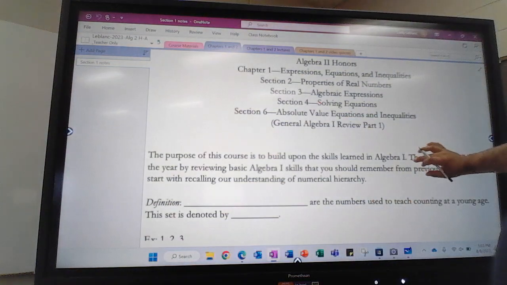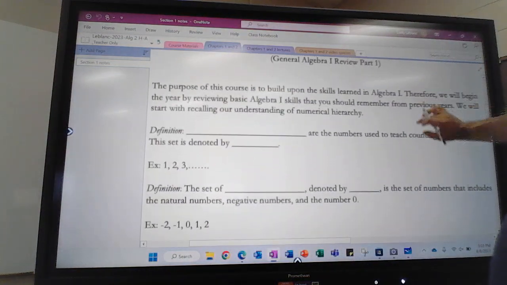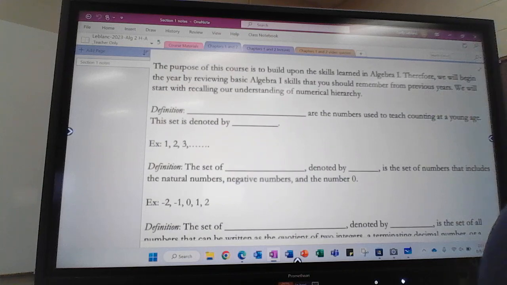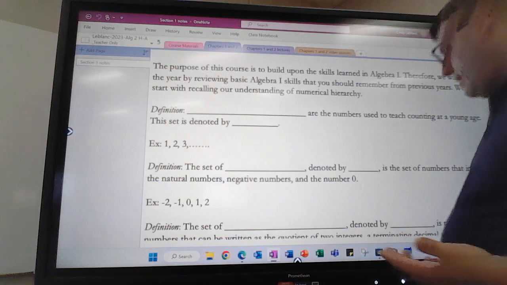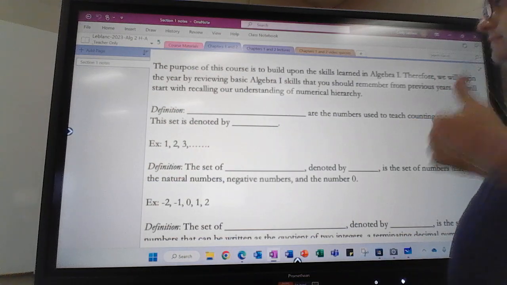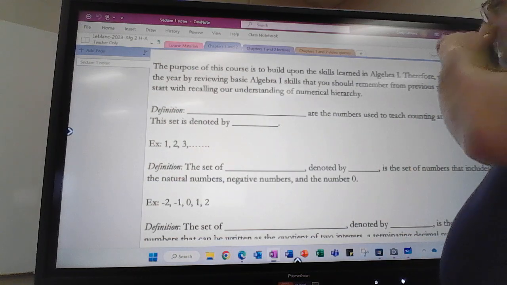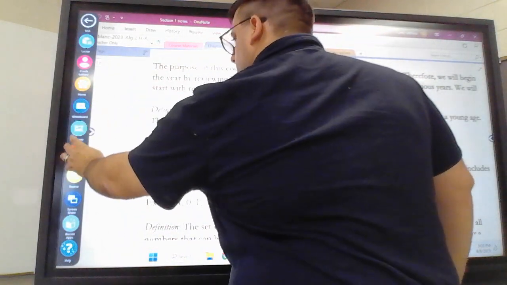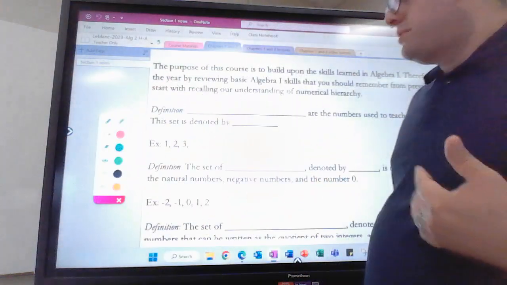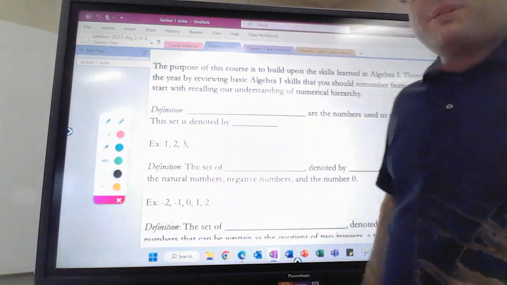Now, the first thing we want to understand is that there's a hierarchy of number systems, and I want to take you guys through that. To begin this course, the first thing that we want to highlight is the very first set of numbers that we learn.